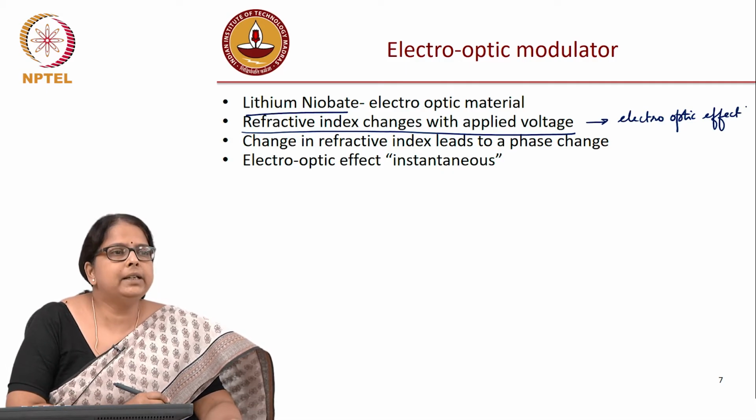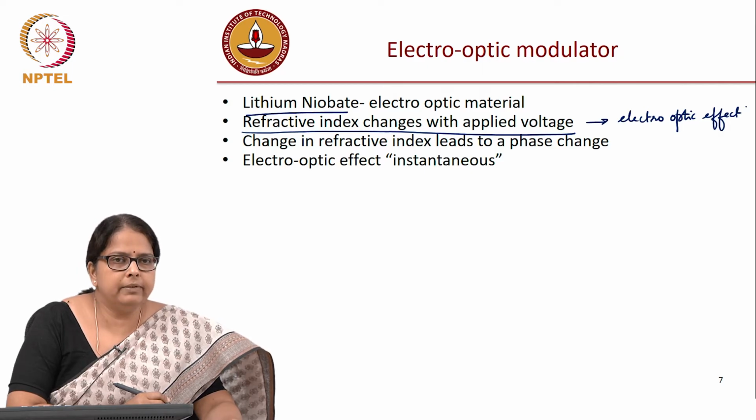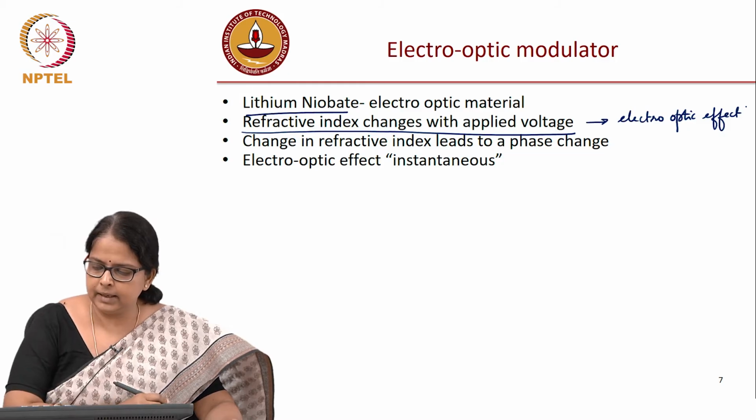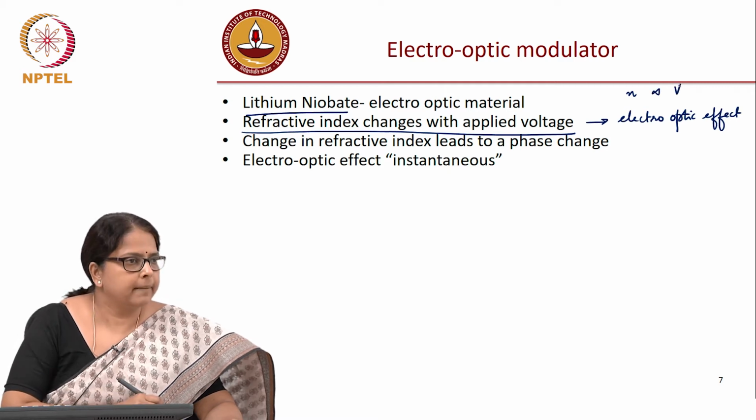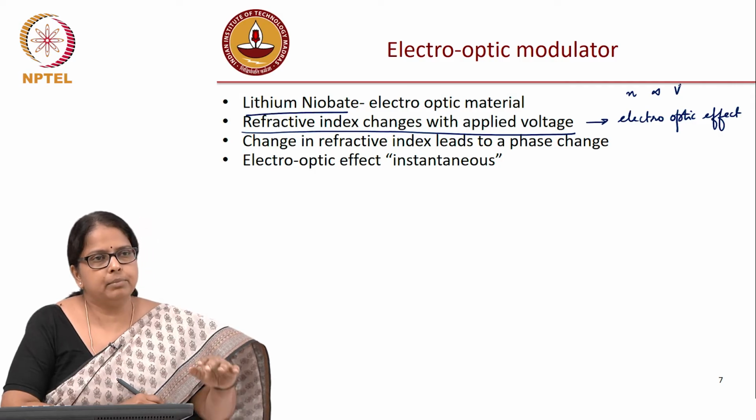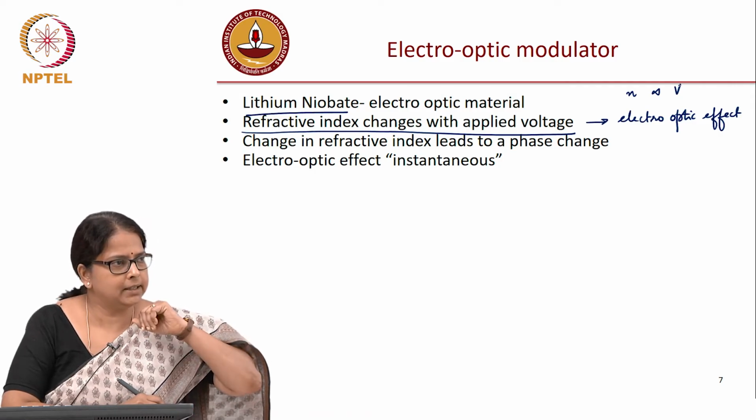We are not going into the details of the electro-optic effect, we will use it only when necessary, but you can imagine that the refractive index change is proportional to the voltage that you apply. There are small issues like polarizations should be matched and things like that.